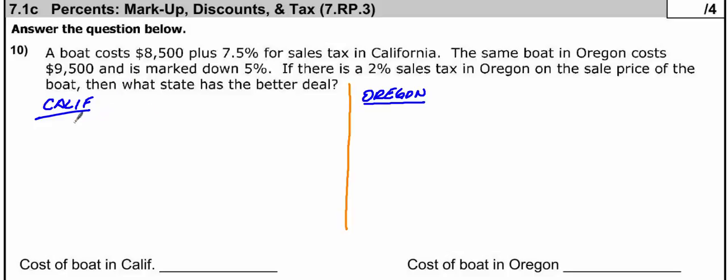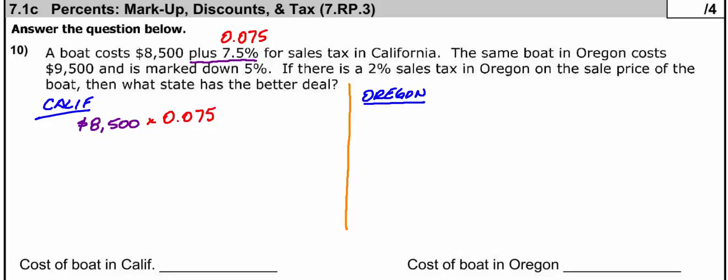So on the Oregon side, or excuse me, on the California side, there is a boat that sells for $8,500, and there is 7.5% sales tax. 7.5% is 0.075. So we have to multiply it by the 0.075.